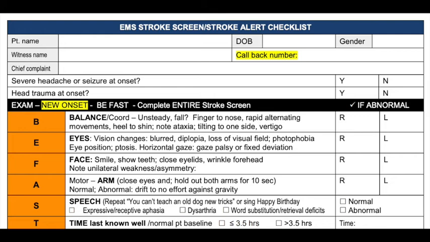Well, were they fine when they went to bed last night? Yeah, they were fine. So we don't know at what time during the night this happened. If they woke up like this, it could have happened at any time. So it's very important that we document a last known well time, the last time the patient was at their normal baseline.